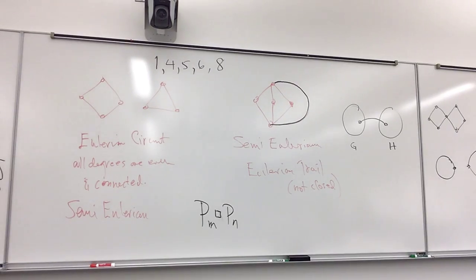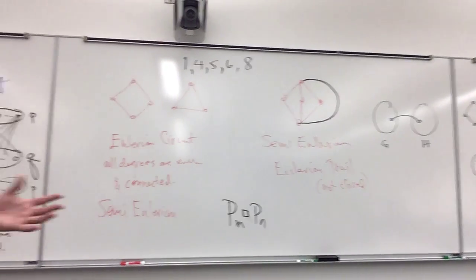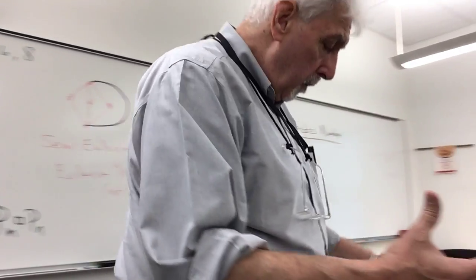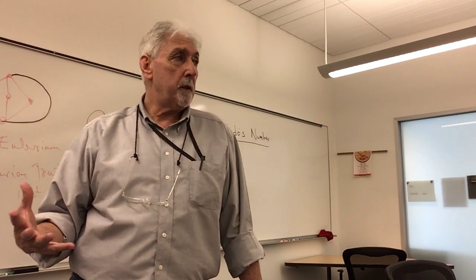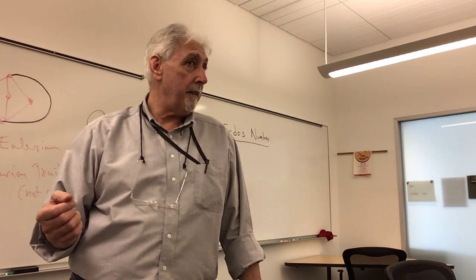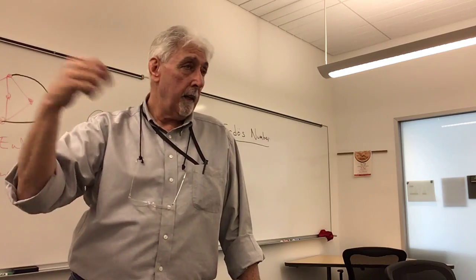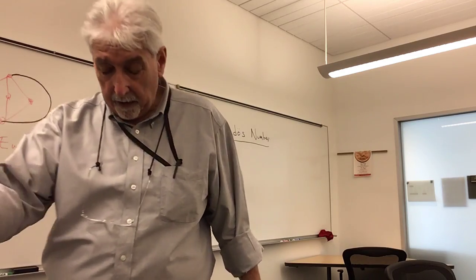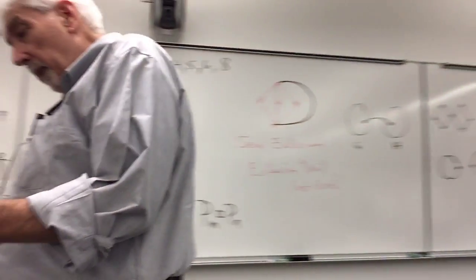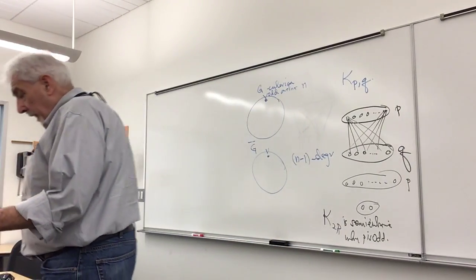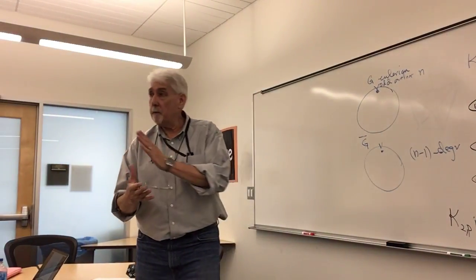So this idea of Eulerian graphs, if you remember, Euler provided the answer to the Königsberg bridge problem in the late 1700s, 1780s. Königsberg wants to know the answer, traversing each of these bridges, and Euler comes up with the answer that it has to be connected, and every vertex has to be of even degree.